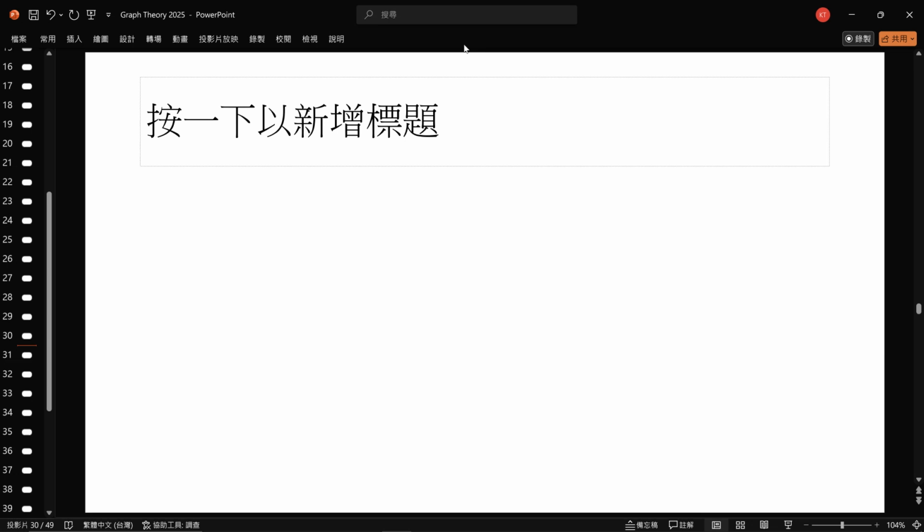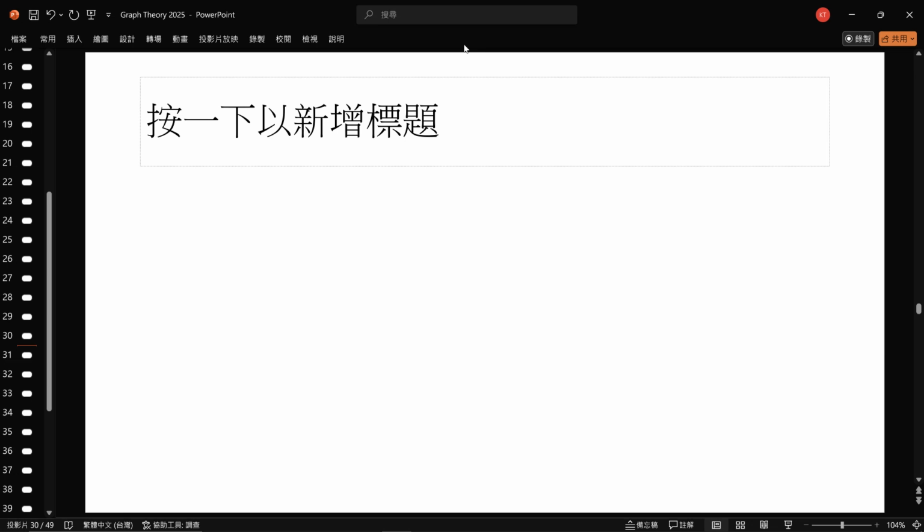If a degree sequence can be realized by a graph, then we call the degree sequence graphical. So this degree sequence on the right is graphical. However, this one, 3, 3, 3, 1, is not graphical because you cannot find a graph that realizes this degree sequence.